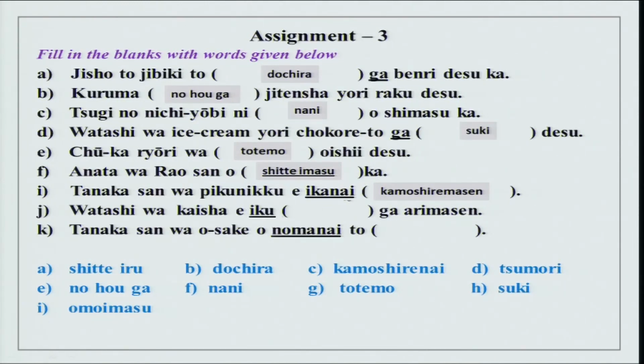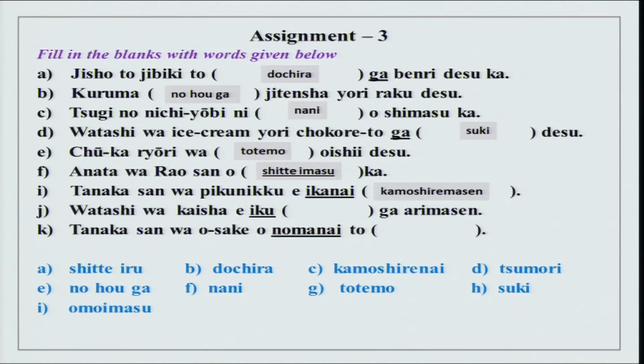If you say ikanai kamoshiremasen, then the possibility of not going is more. If you say iku kamoshiremasen, then the possibility of going is more. So, please remember, with kamoshiremasen it is only a 50-50 chance of whatever you are saying. Negative and positive is going to be governed from here.